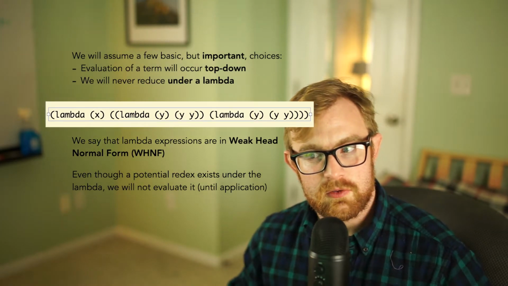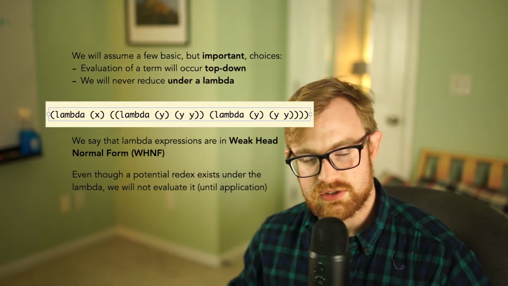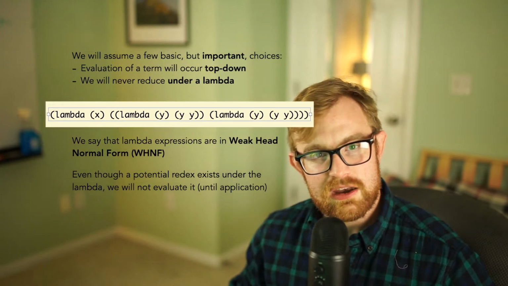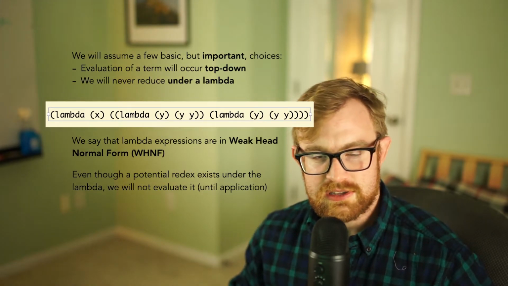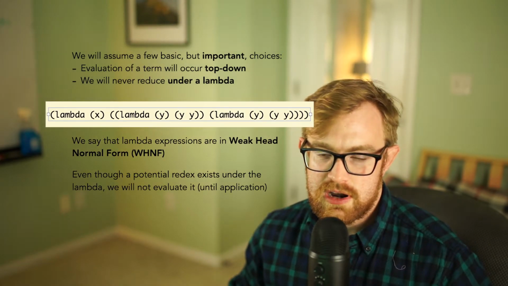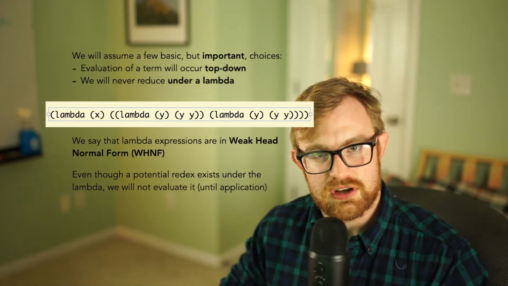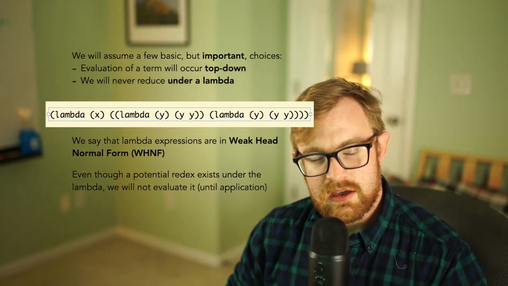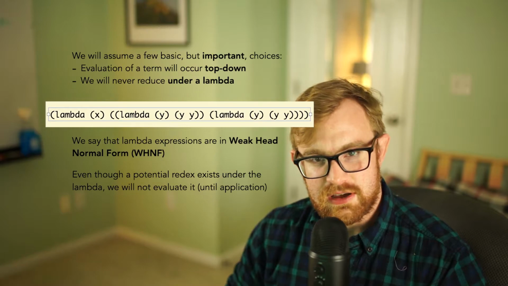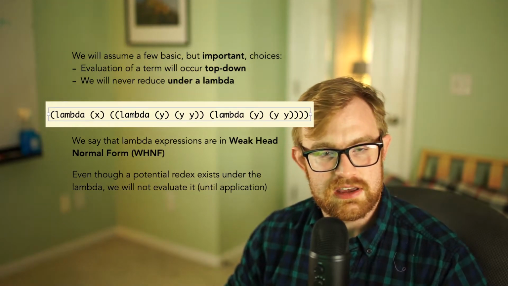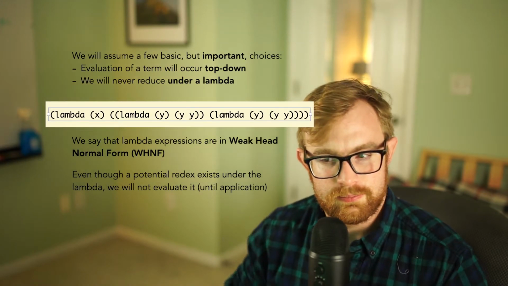In weak head normal form, something is a lambda, fully evaluated to a value. It doesn't matter what's under the lambda because we're never going to continue to evaluate that lambda until someone actually applies the function. Whenever you construct a lambda, you never evaluate that function until it's applied, in the same way that you don't evaluate the else branch of an if until you check the guard.